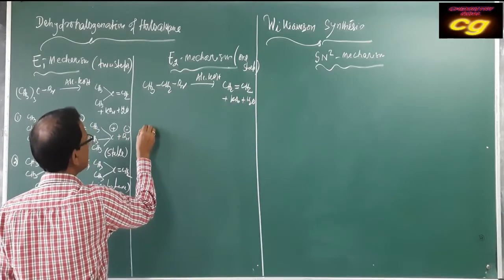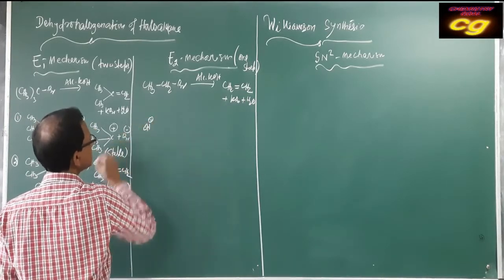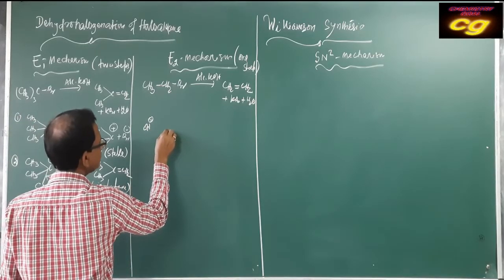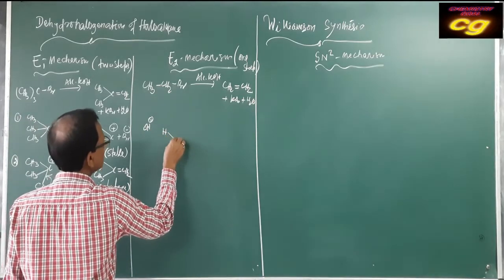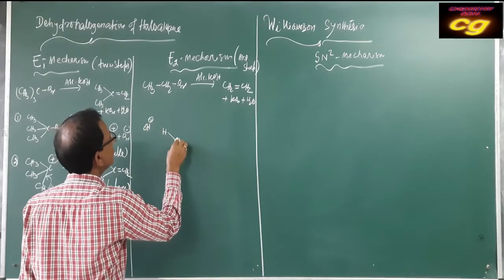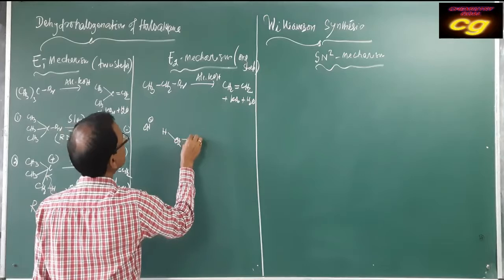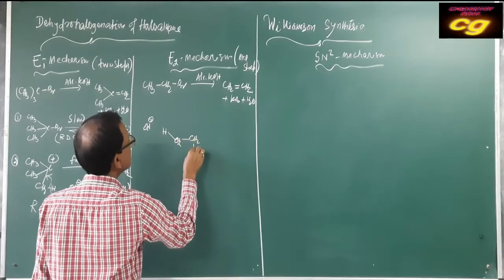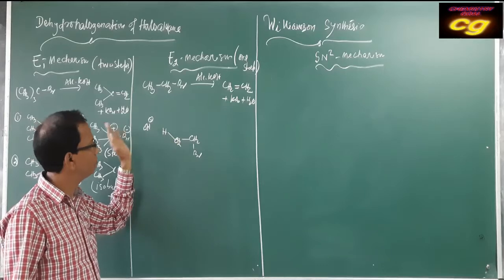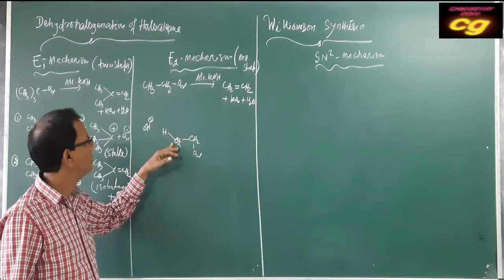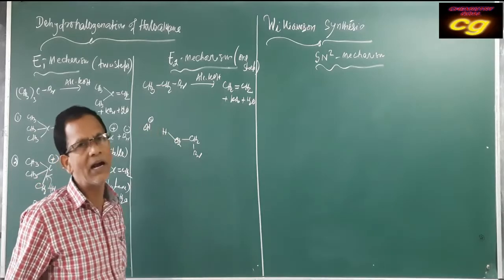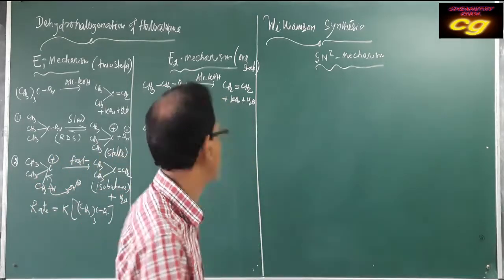Here the base OH minus will attack, and the group is like this, H, then C has 2 H. The base attacks the hydrogen, and the leaving group should be in anti position, that means trans position.